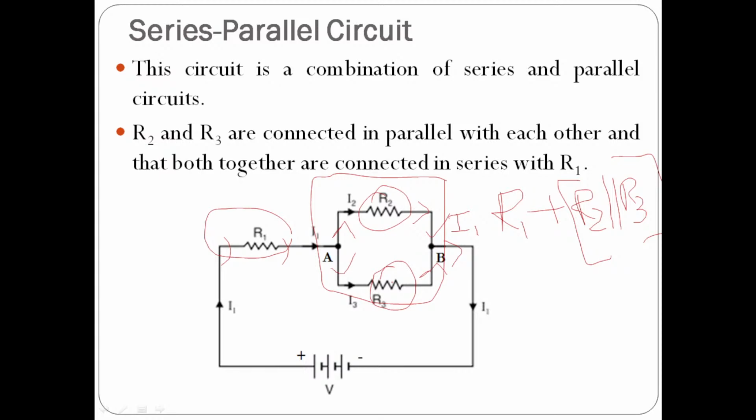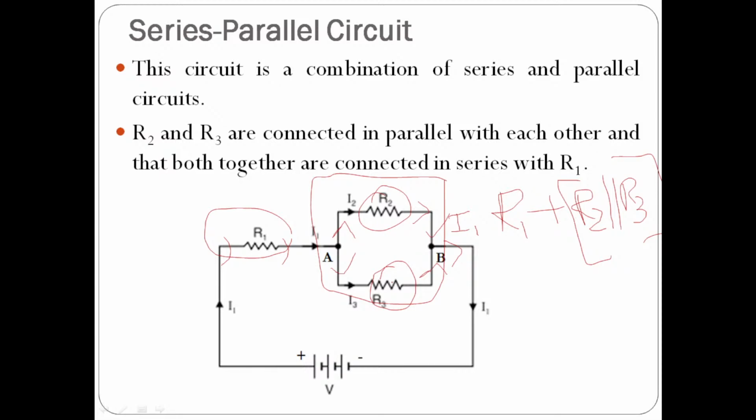So R2 is parallel to R3. What is the equivalent resistance? 1 by Rp is equal to 1 by R2 plus 1 by R3.